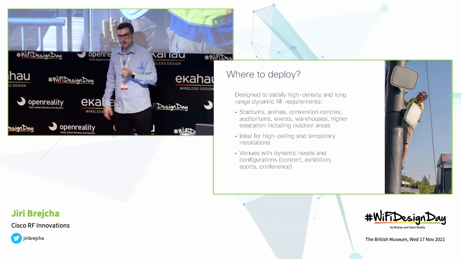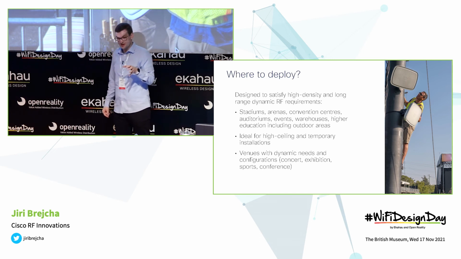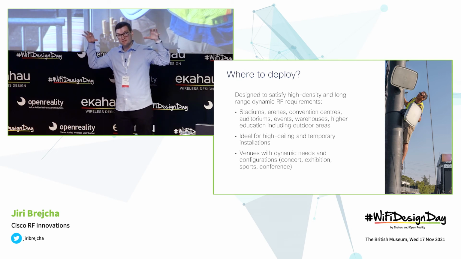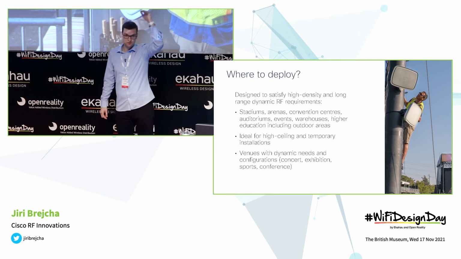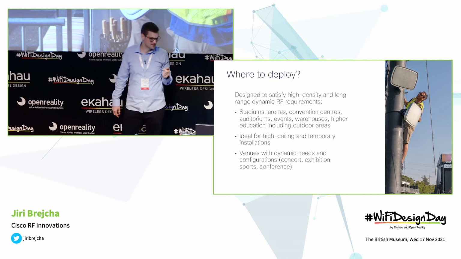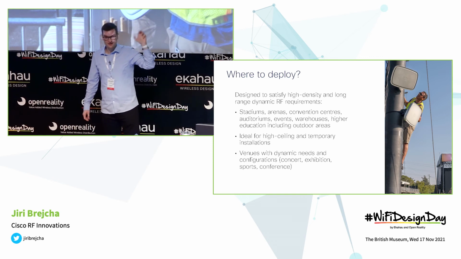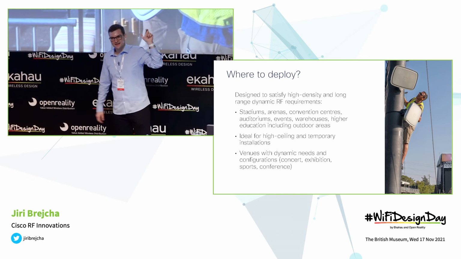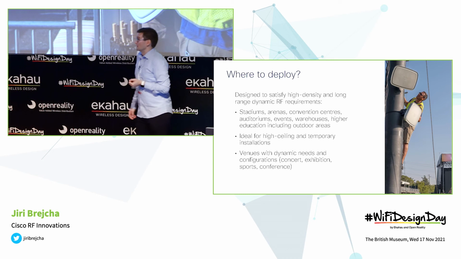That might be quite useful in higher education and large auditoriums, or when you have really high ceilings and the only option is to ceiling mount. You saw that in the test I did. At 72 meters, I was still able to hear on an iPhone, not using a sidekick. From a mobile device perspective, at 72 meters, I was still able to push 100 megs comfortably.